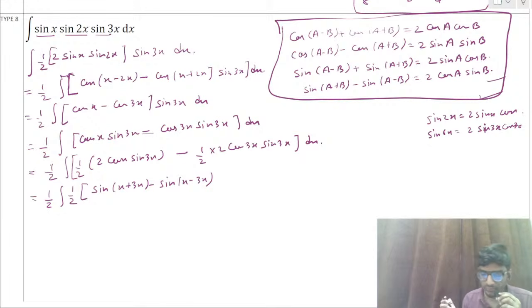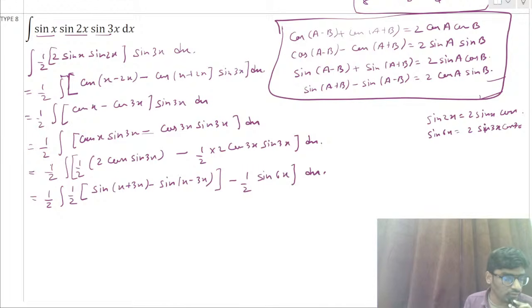Can we write it like this? Minus 1 upon 2, this becomes sin 6x.